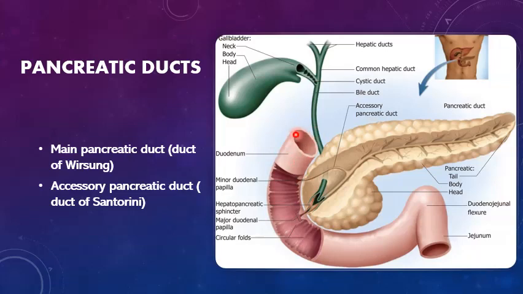Now the duodenum starts where the pyloric end of the stomach continues, right? So from that pyloric end to this major duodenal papilla, the length will be around 8 to 10 centimeters.